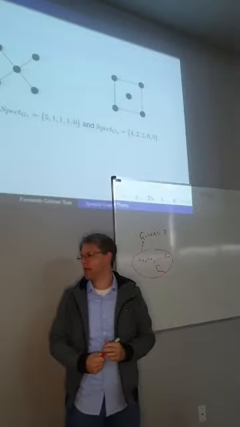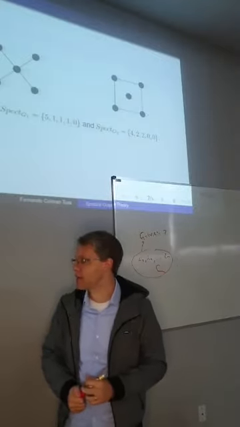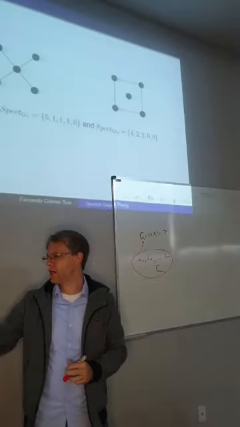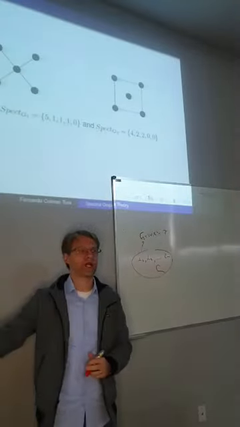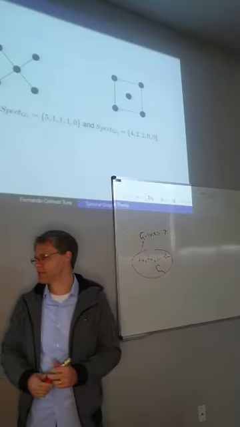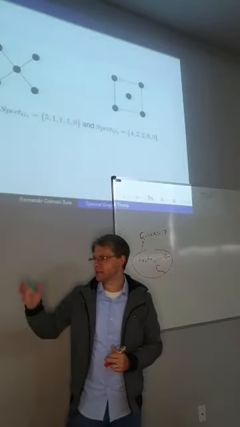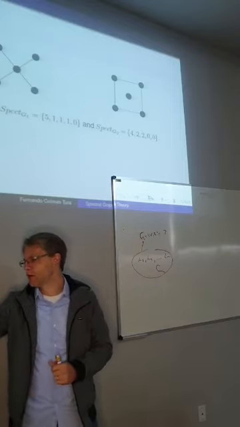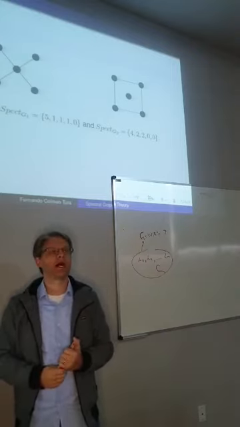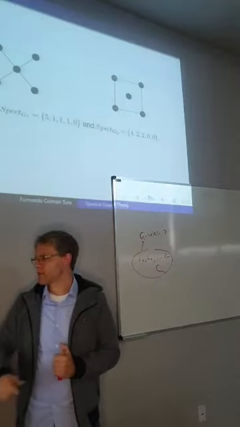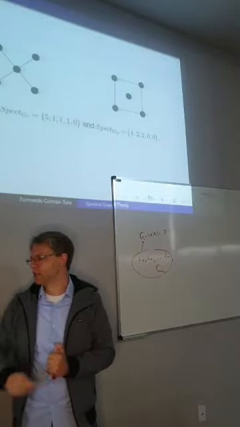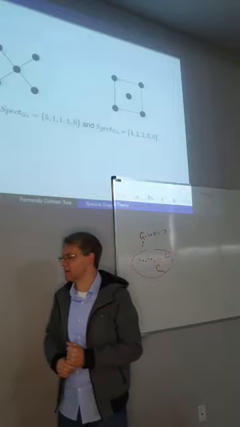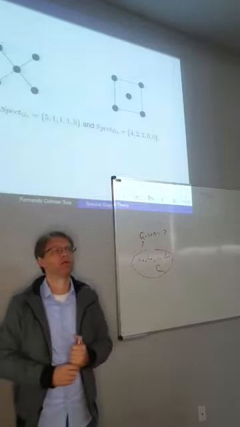We have an example here. I have two graphs. Both graphs have 5 vertices, and in this example I'm looking at the Laplacian eigenvalues. If you look at the graph on the left, its eigenvalues are 5, 1, and 0.